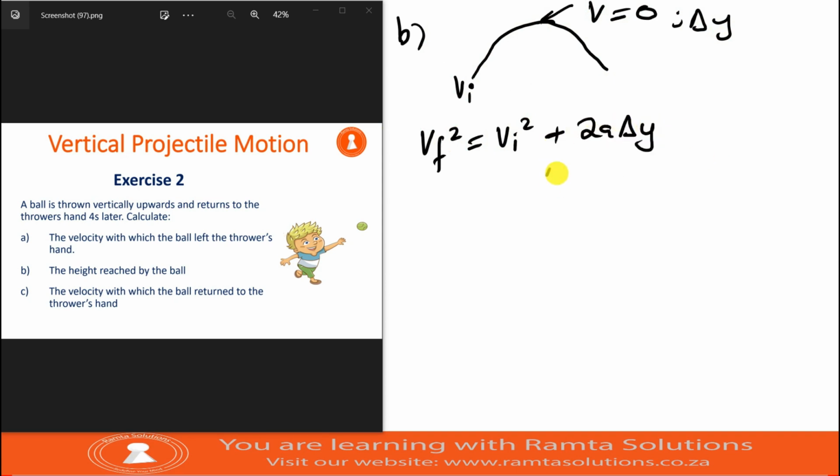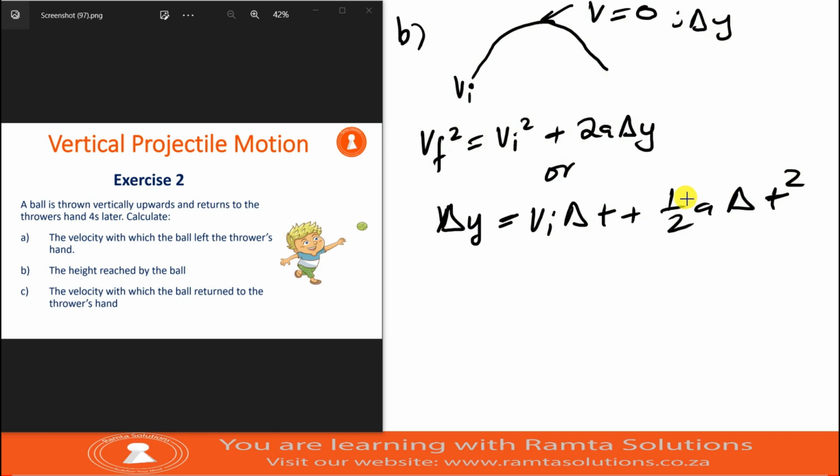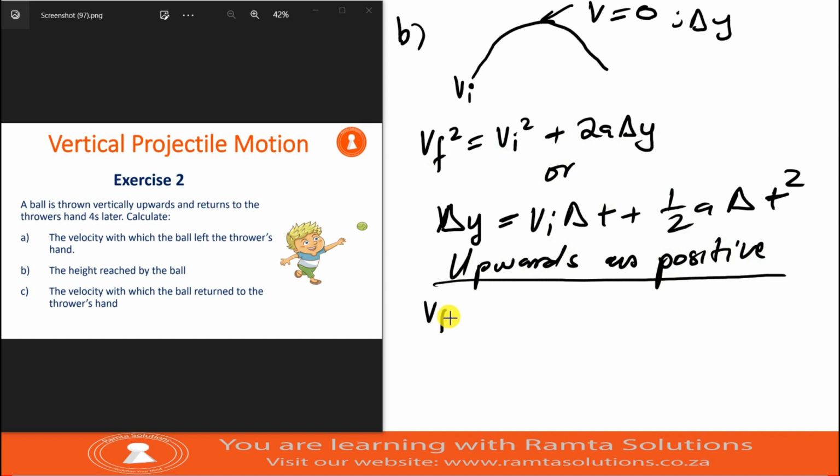You can also use delta y equals vi delta t plus half a delta t squared. You will still get the same answer. However, I will go for the first one. Now, this is a vector calculation, so the direction that I choose to be positive is the upwards direction. So I will say vf squared equals vi squared plus 2a delta y.